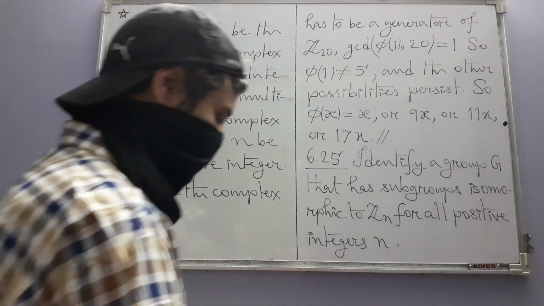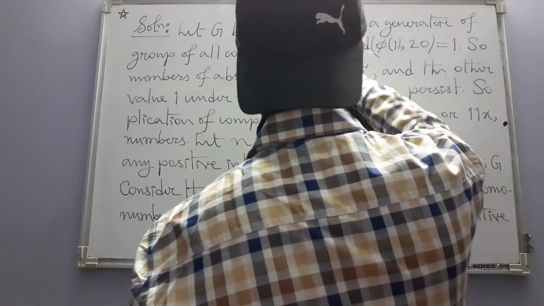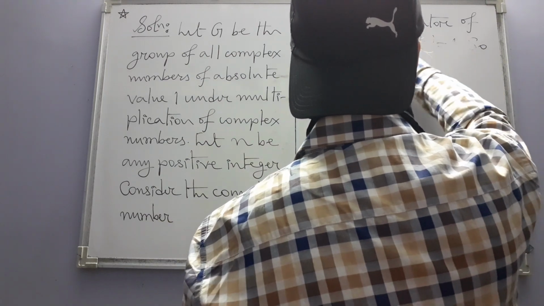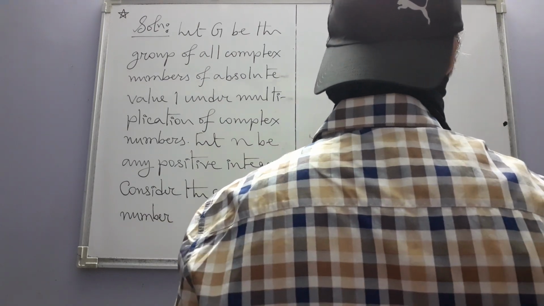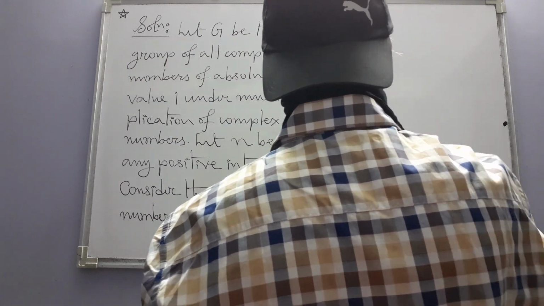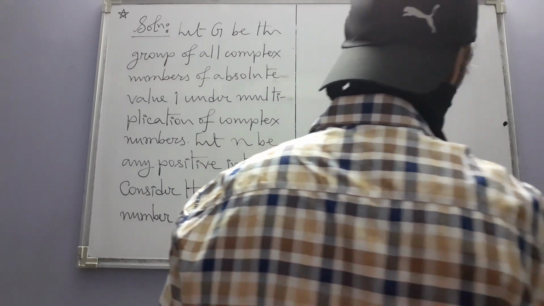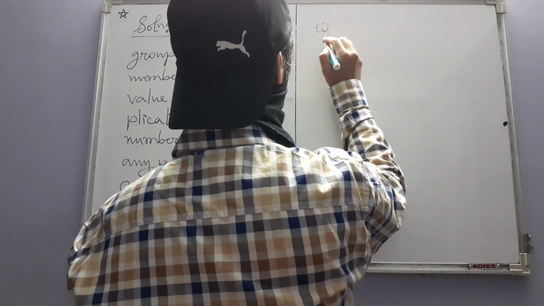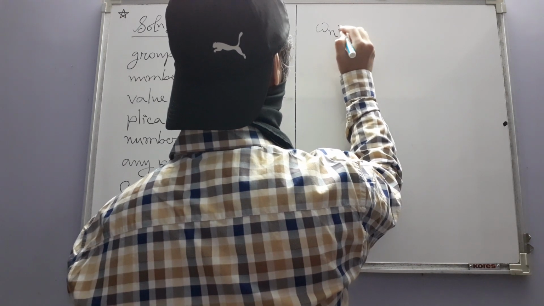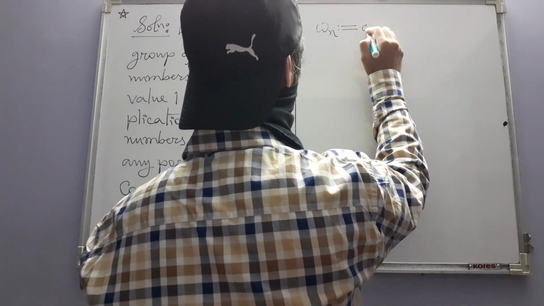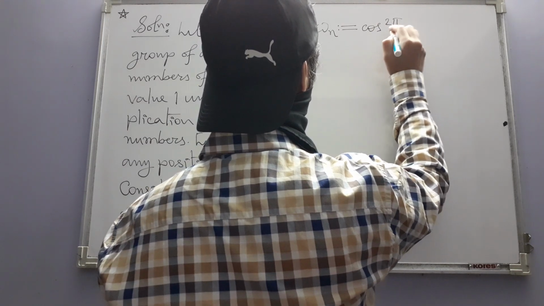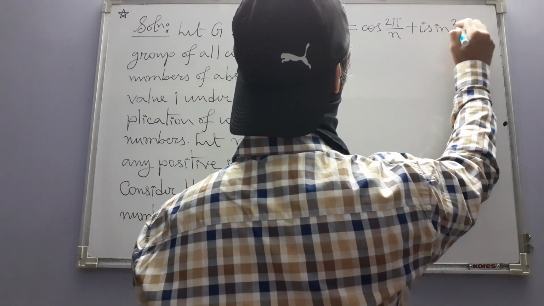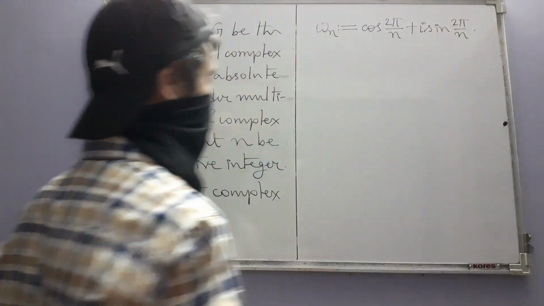Let me write it there. Omega n, which is cos 2 pi over n plus i sine 2 pi over n.